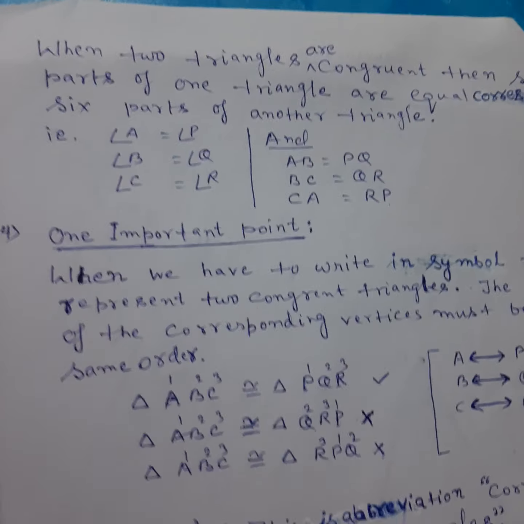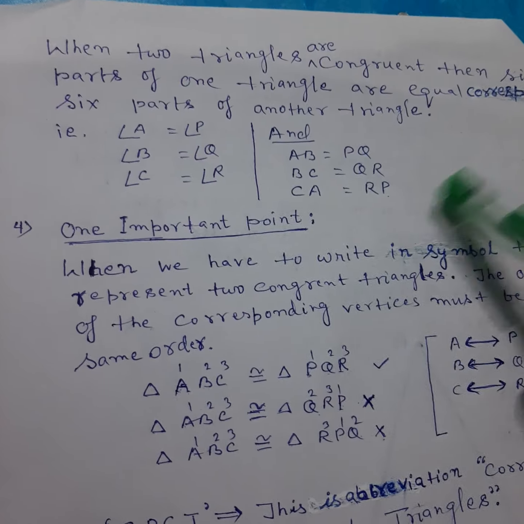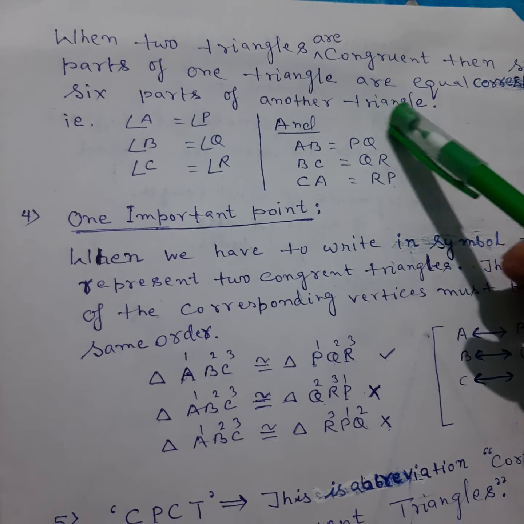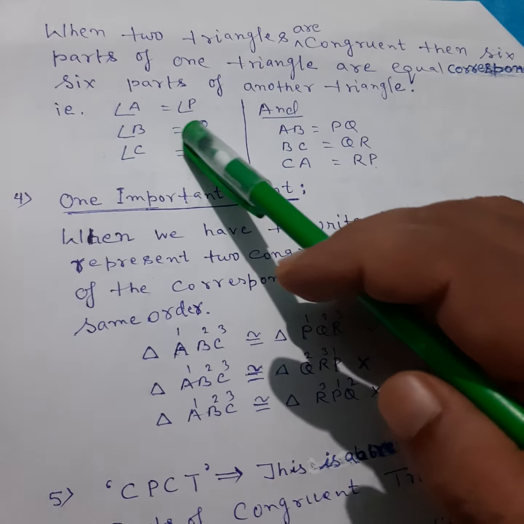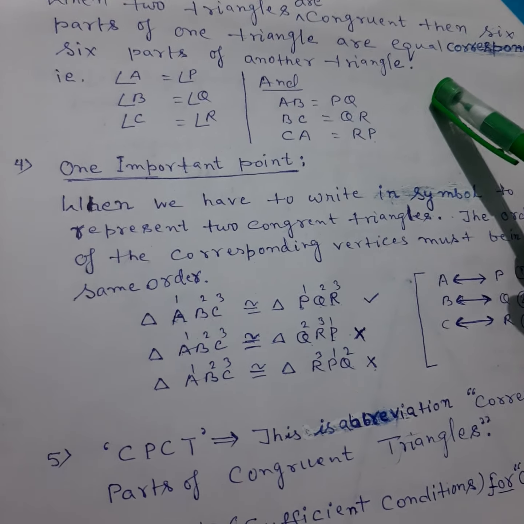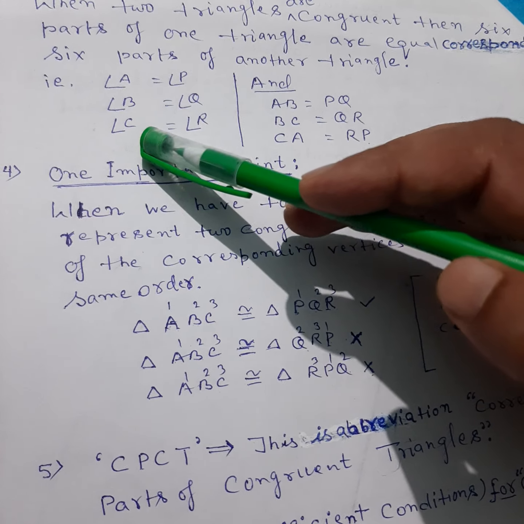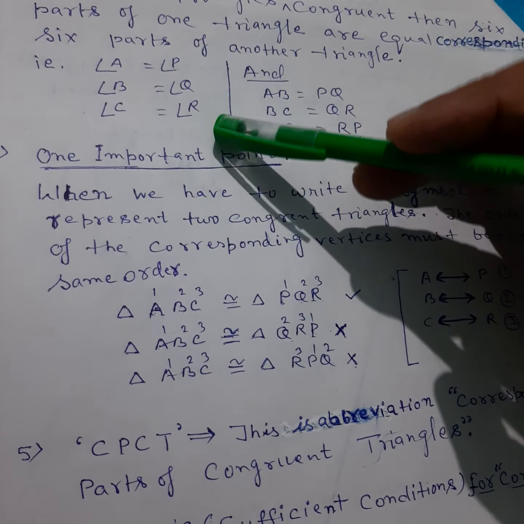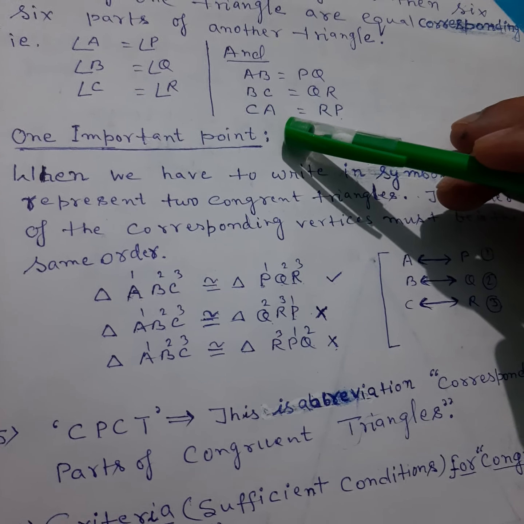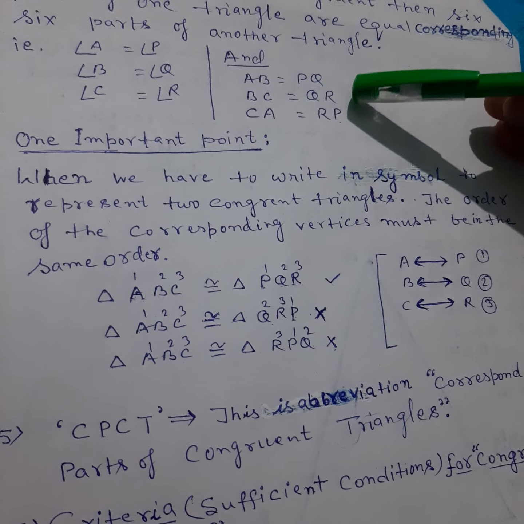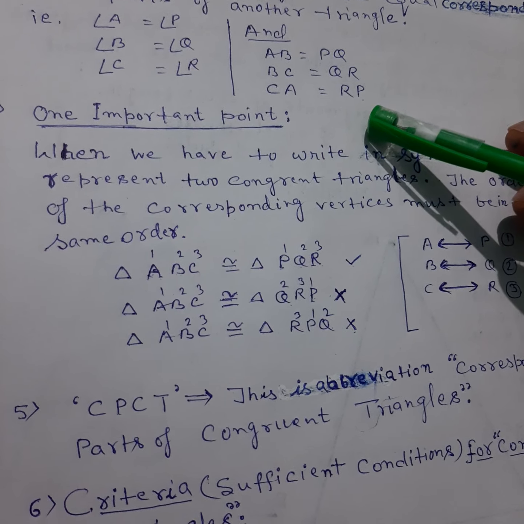When two triangles are congruent, then the six parts of one triangle are equal to the corresponding six parts of the other triangle. This means angle ABC equals angle PQR. In the same way, sides AB, BC and CA are equal to PQ, QR and PR.